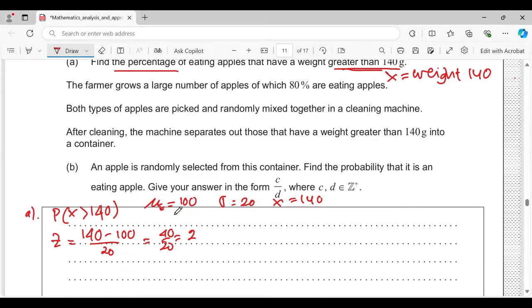The next step: the probability X greater than 140 is the probability that Z is greater than 2.